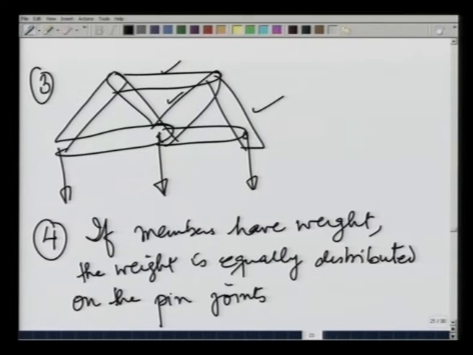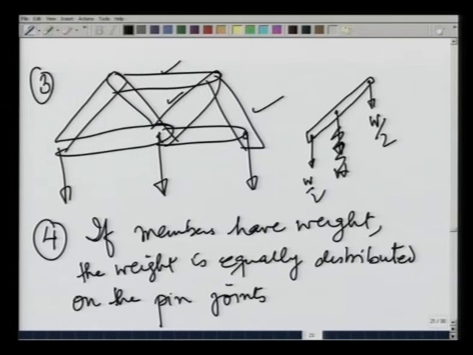That is, if for example, a member may have a weight W, then I am going to say that this pin joint bears W by 2 and this pin joint also bears W by 2 of this weight. So, the weight is equally distributed on the pin joints.